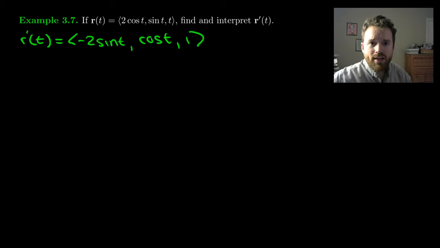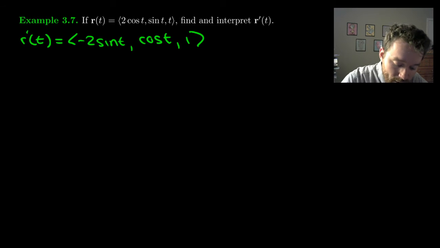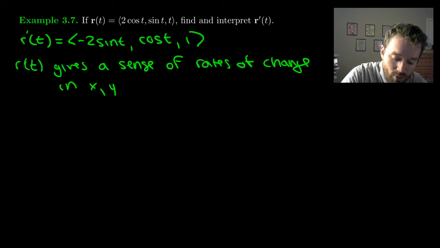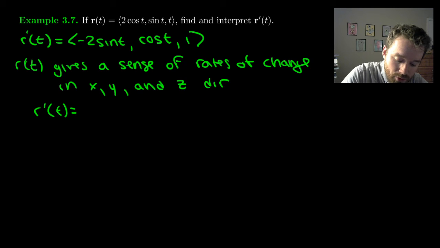And maybe now I'll just make a general comment, not necessarily specific to this example, but in general, what does the derivative tell us? R prime of t gives a sense of changes, rates of change, in the x, y, and z directions. Right? Because literally R prime of t is equal to dx dt, dy dt, and dz dt.